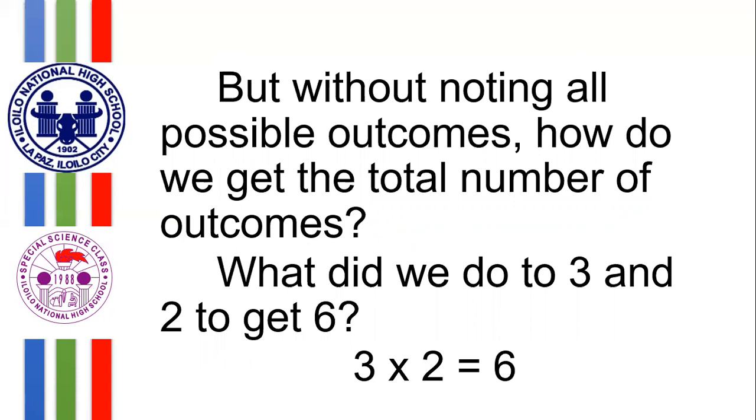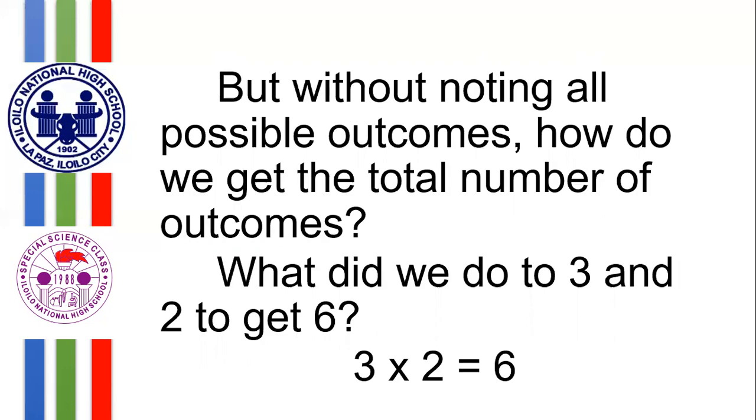We could see that what we did with 3 and 2 to get 6 is we multiplied them: 3 times 2, which is 6. That means if you have 3 shirts and 2 pairs of pants, then there are 6 possible outfits consisting of a shirt and a pair of pants.